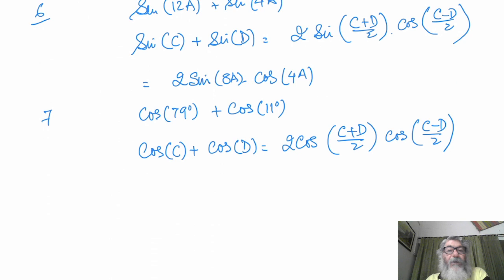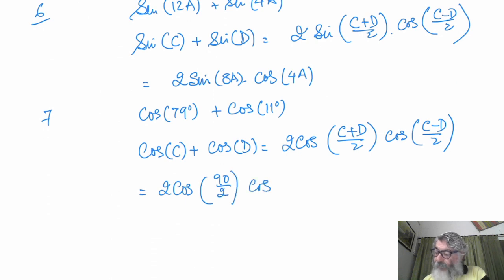This is the formula. It will become 2 cos 79 plus 11, that is 90 upon 2, and cos of 79 minus 11, which is 68, 68 by 2. So it will be 2 cos 45 degree and cos 34 degree.